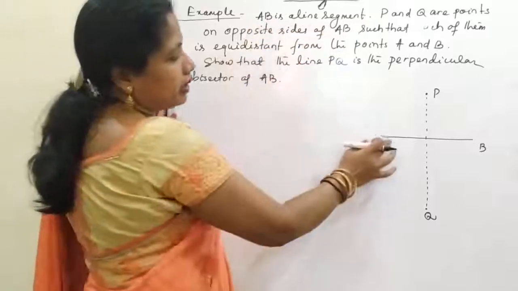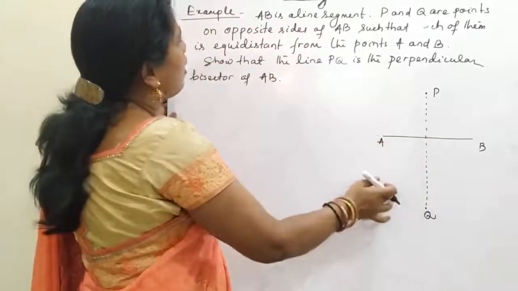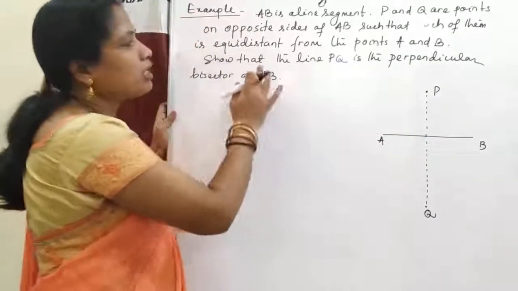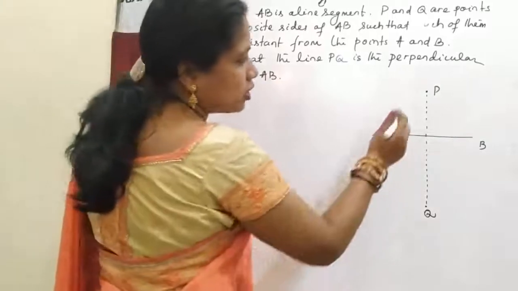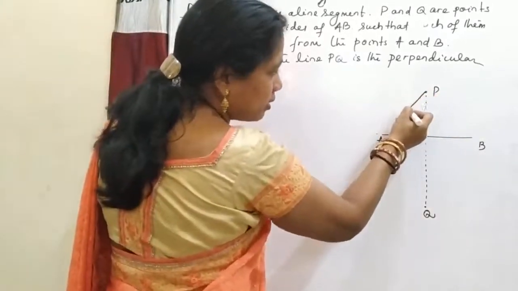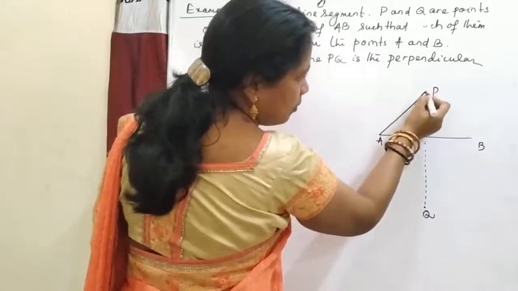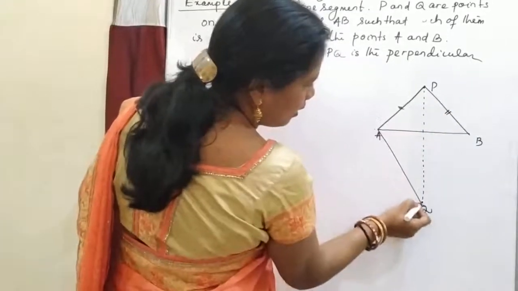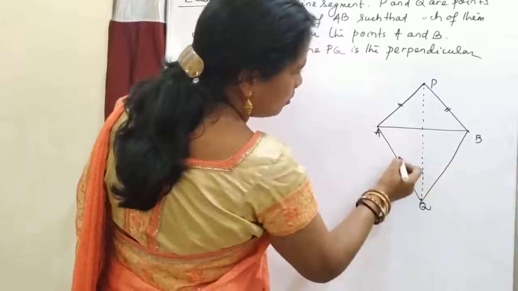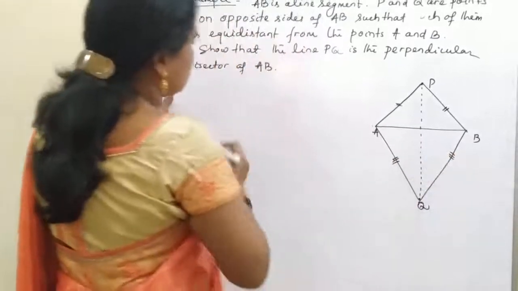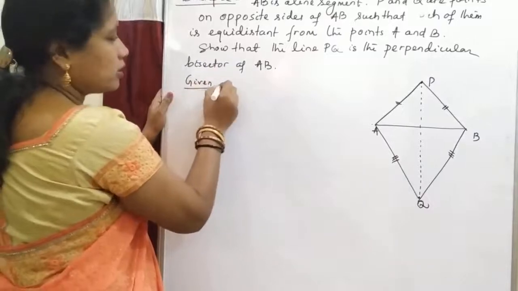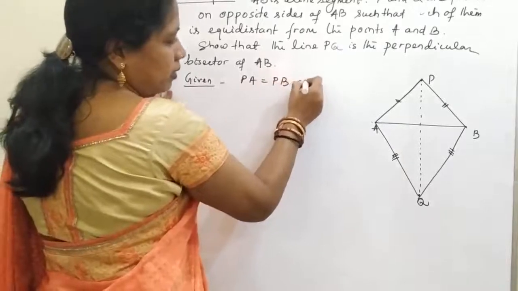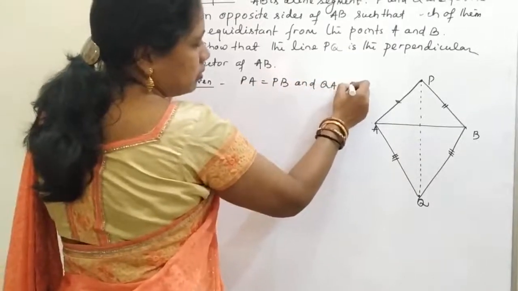AB is a line segment. P and Q are points on opposite sides of AB, such that each of them is equidistant from the points A and B. So here the distances of P from A and B are equal. That means PA is equal to PB and QA is equal to QB. So given in this figure, PA is equal to PB and QA is equal to QB.